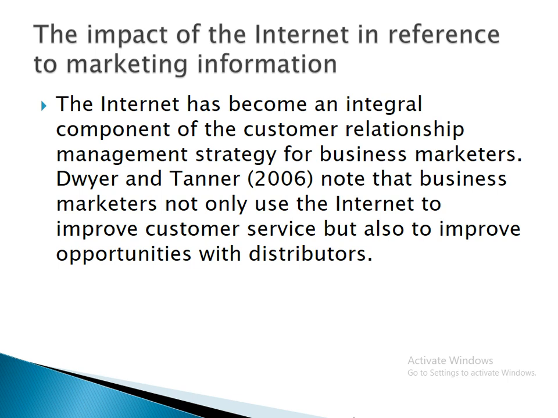According to Anderson and Narus in 2004, two new types of resellers have emerged as byproducts of the internet: infomediaries and metamediaries. The intermediaries are such as Google or Yahoo. These are search engines, companies that also function as brokers or middlemen in the business marketing world.